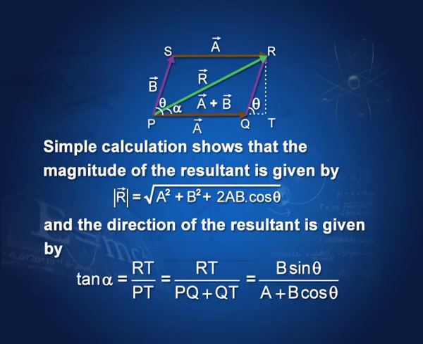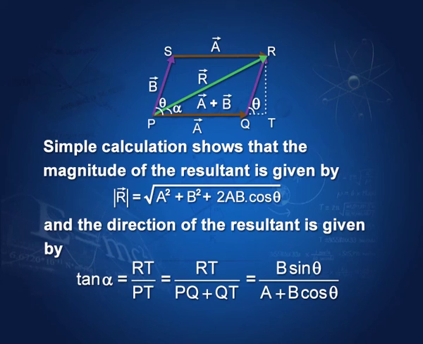Let me repeat that again. We have vector b here, vector a here, we complete the parallelogram, we find the resultant a plus b, draw a perpendicular from r on the base, that is PQ, extend it to T. This angle is theta because it is a corresponding angle, and this angle is alpha of course.